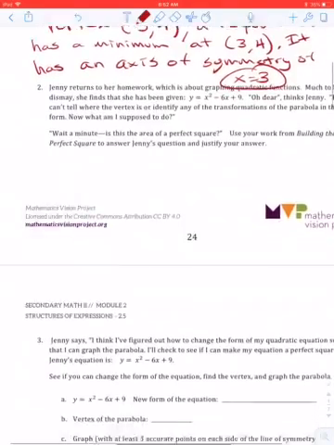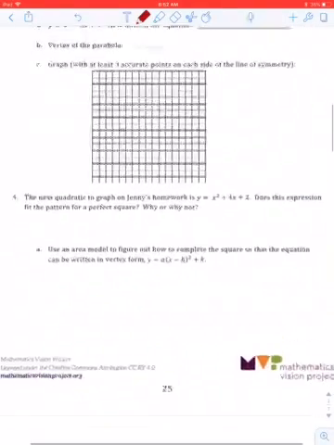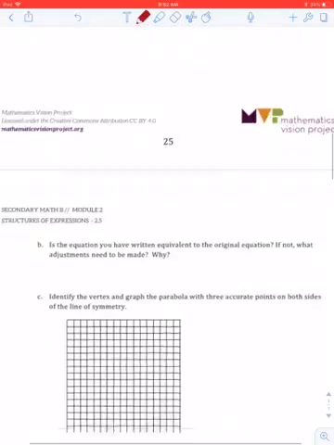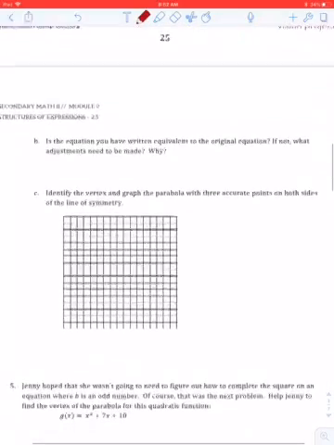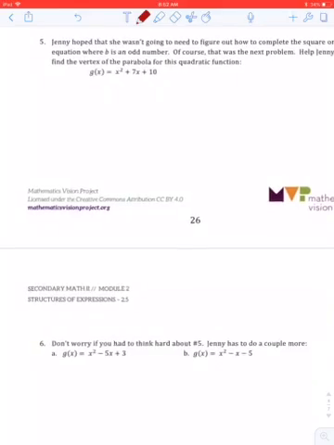Okay, so you're going to be asked to do similar things with other quilts that she has, and just kind of work through these. She should be fine there.